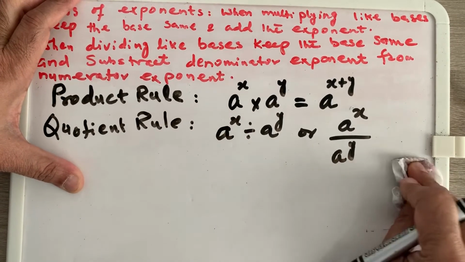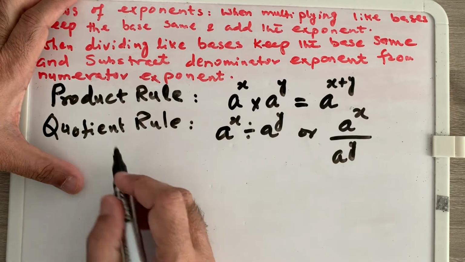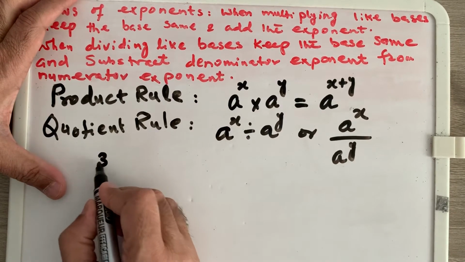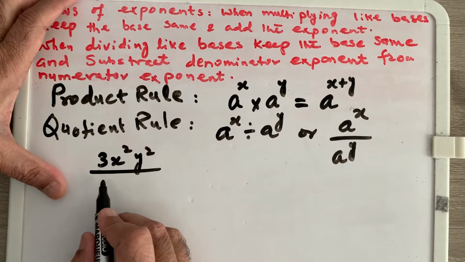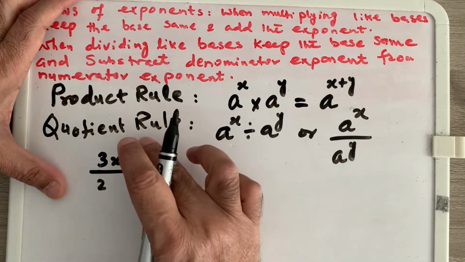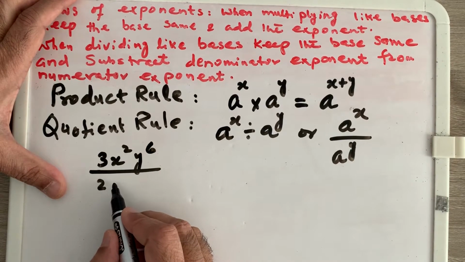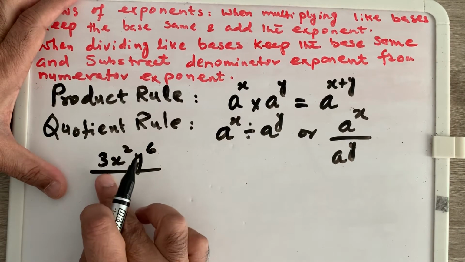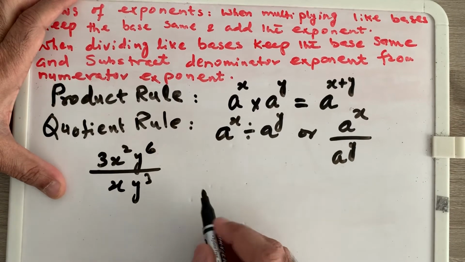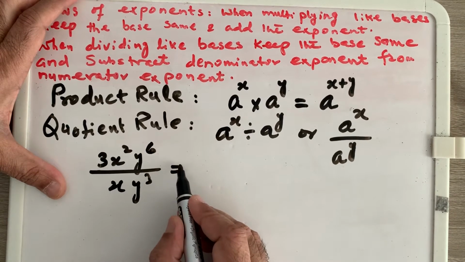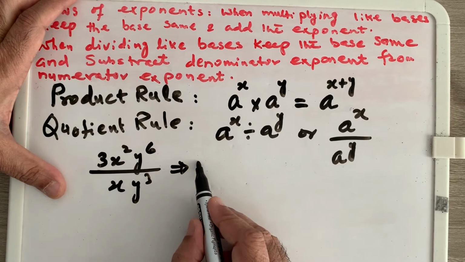So I will repeat it again. And then there will be bigger questions. For example, if I say 3x square y to the power 6, or I can take a bigger power, divided by x and y to the power 3, right? What we have learned here with the definition: 3 is only 3, just a number.